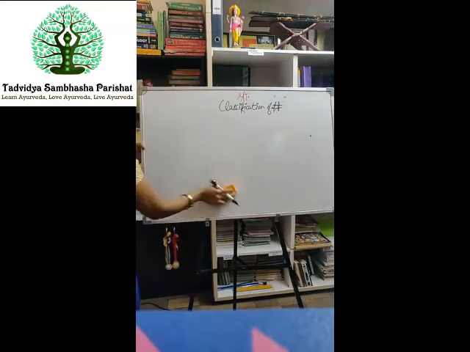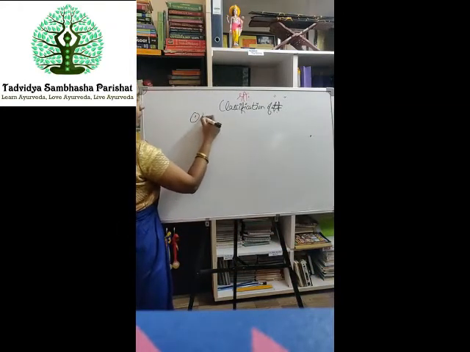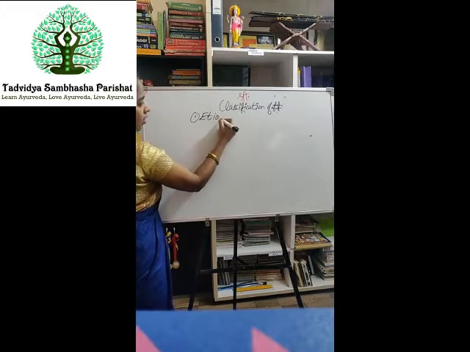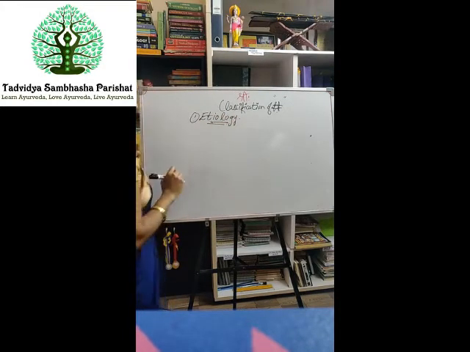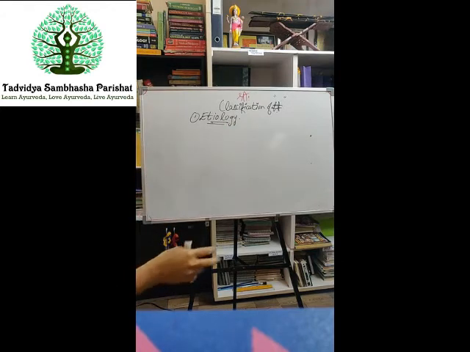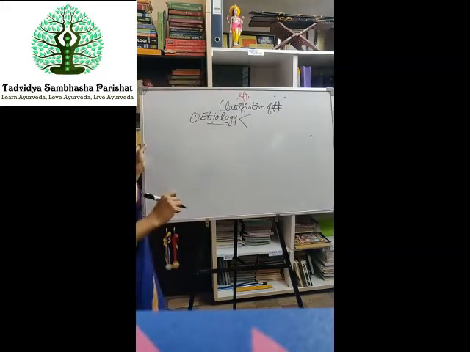Okay, now we will go with the first classification, that is based on etiology. Now under etiology we again have 2 subheadings or 2 subclassifications. Now what are they?